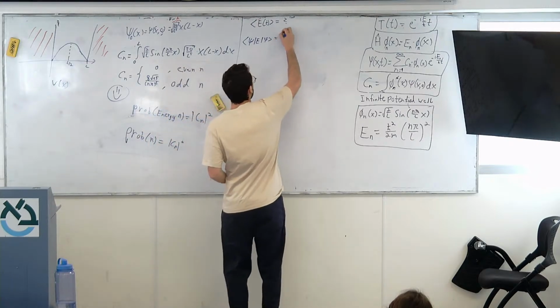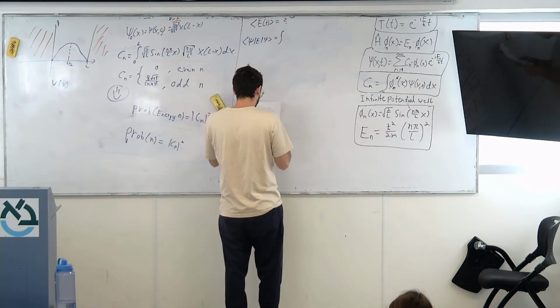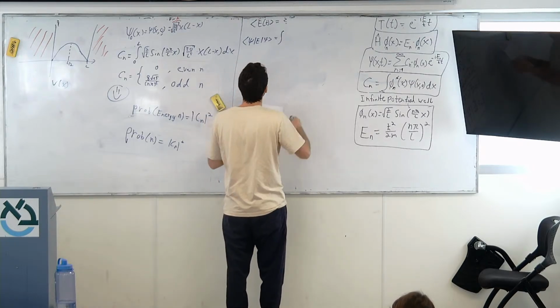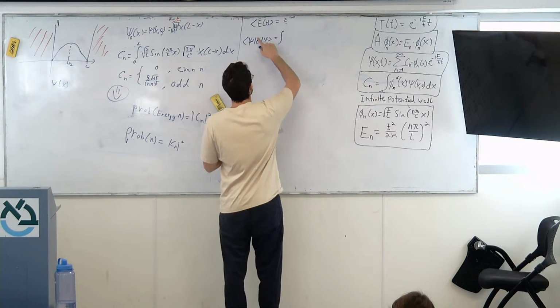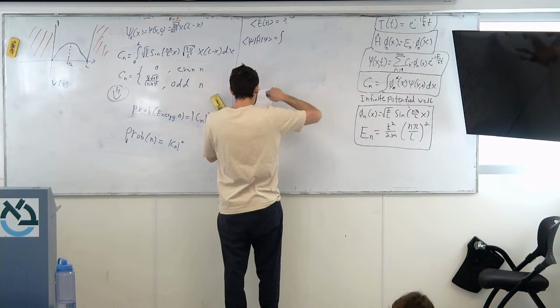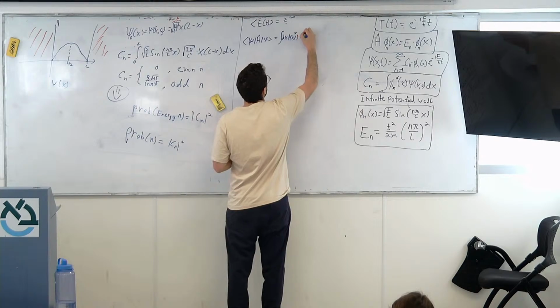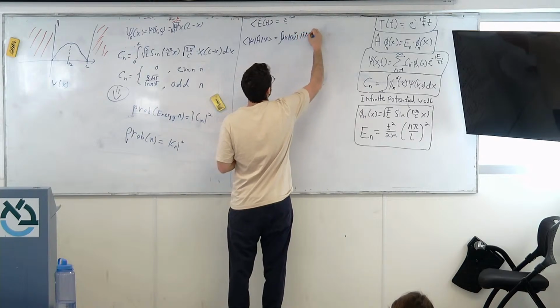I can then open the integral and write: the operator is the H operator. So let's write dx psi of x and t conjugate, H operator, psi of x and t.